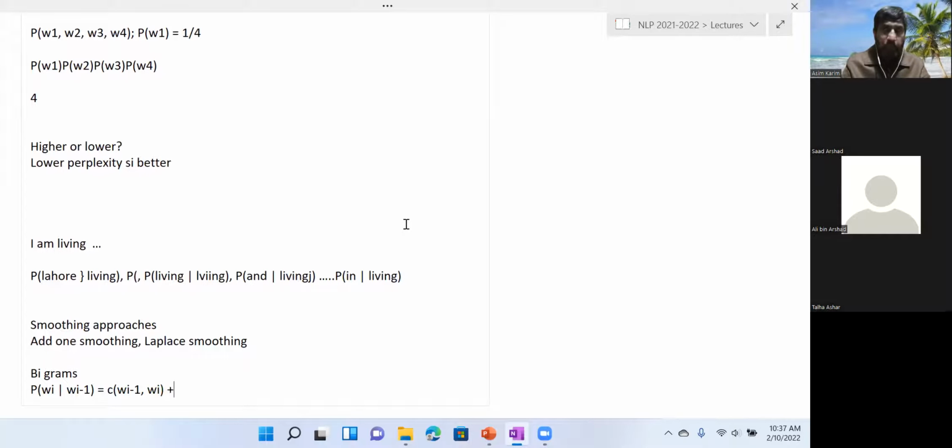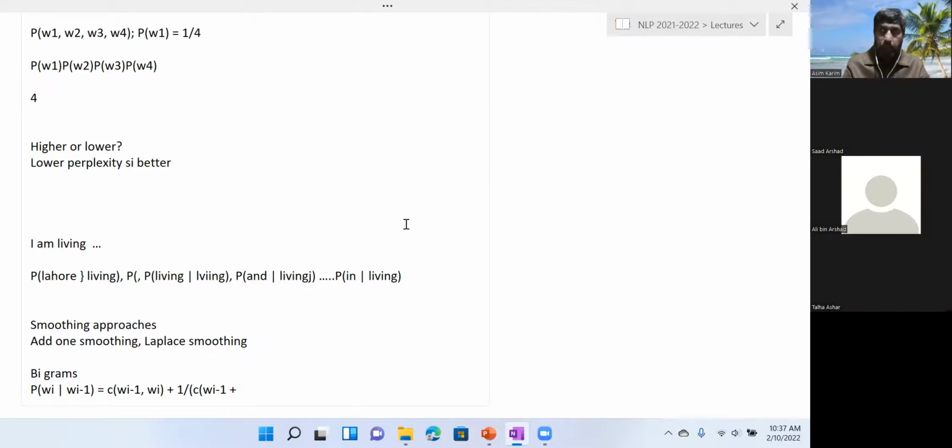So every bigram is assumed to have one more observed example, and then divided by the count of W_i minus 1 plus... So we have added one bigram, and if you add that across the entire row for each word, you're adding V, which is the total size of the vocabulary, more words into the corpus.